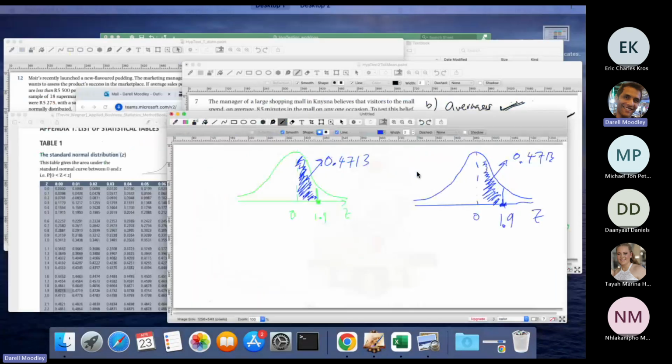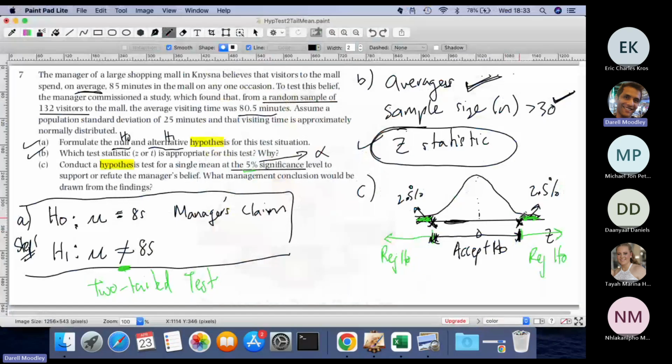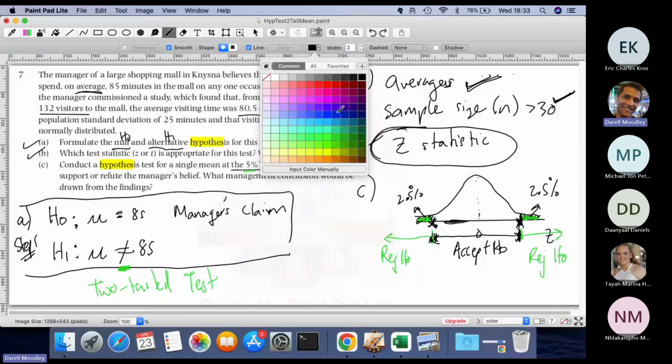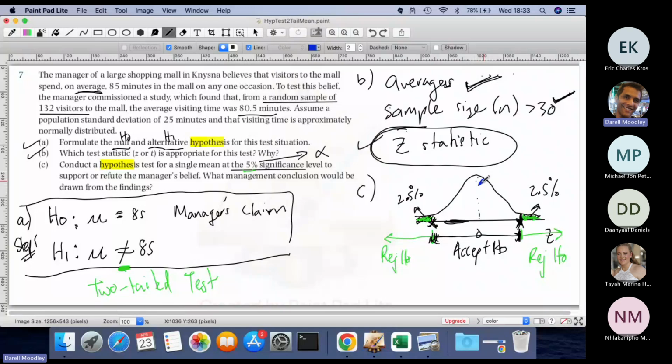So if I go back to my board here, if you look at this mark I put on this axis, we know the area on the right is 2.5%. So what is this area here after the 0? Remember, half the area of this graph is 50%. So what is this blue area here? If the entire area on the right of 0 is 50%, and this is 2.5%, then this must be the remainder, which is 0.475.